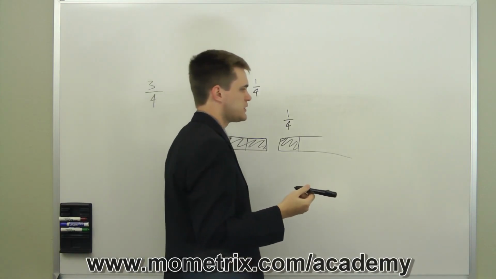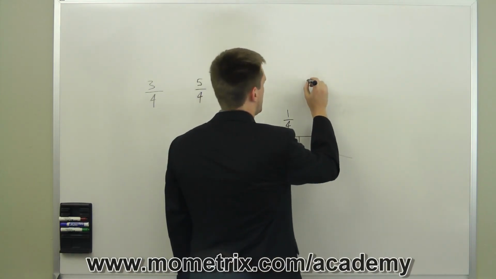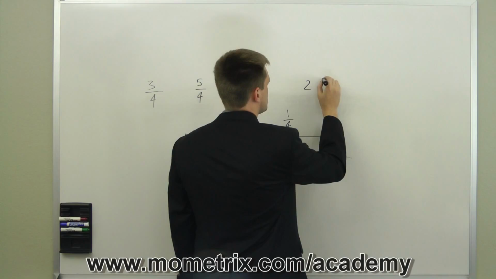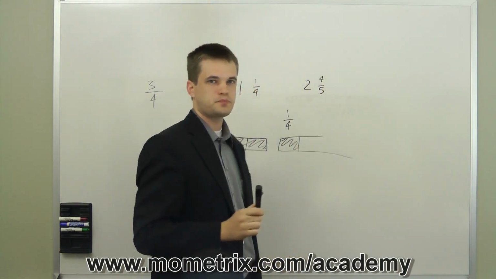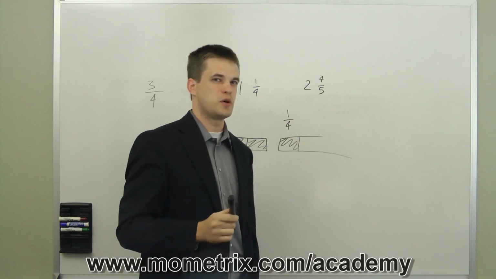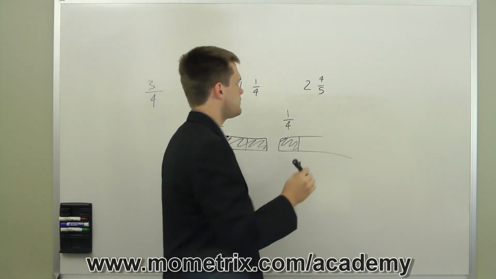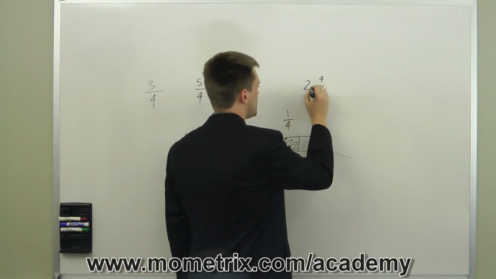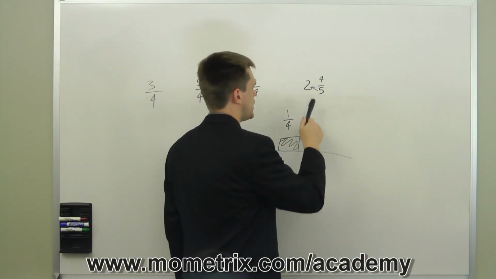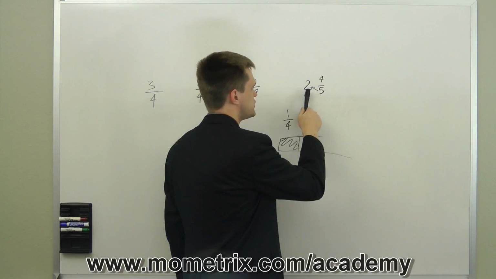and so I'll demonstrate now how to do this. Let's take, for instance, 2 and 4/5. So this is a mixed number, and we want to convert it now to an improper fraction. So to do that, we take the denominator, 5, and multiply that by the whole number, 2.